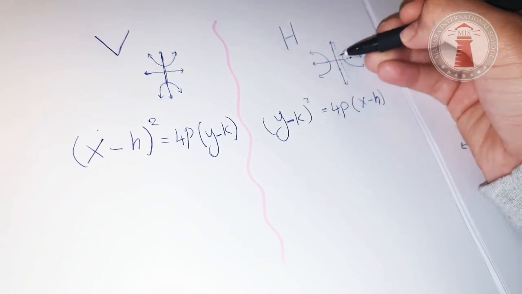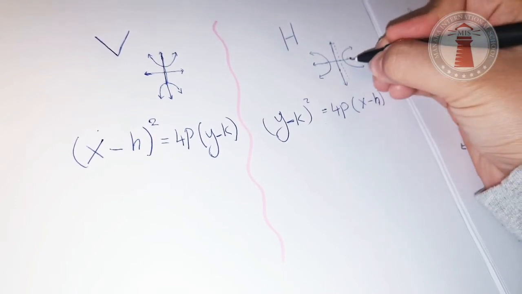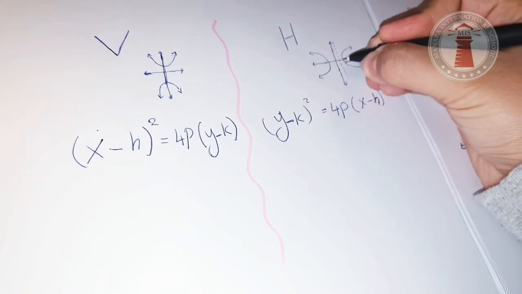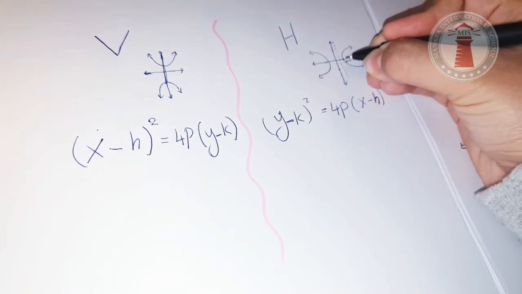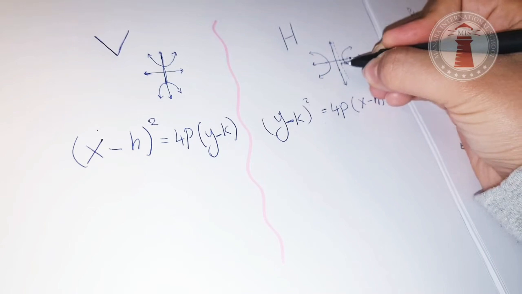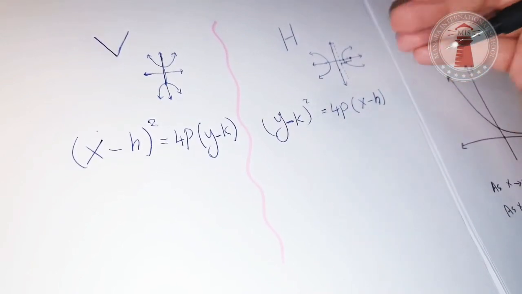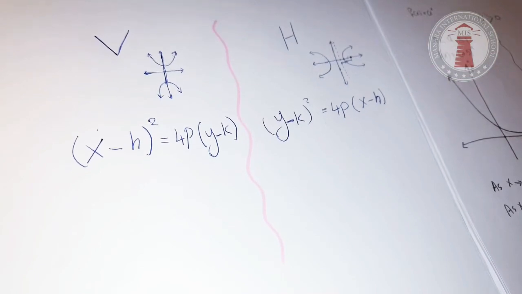So here, if this is our directrix and this is our focus point, the distance between the focus point and the vertex, which is the point where the graph starts from, is equal to the distance between the vertex and the directrix. When this is true, that means this is a parabola. If not, it's just a normal curve, something else, but not a parabola.